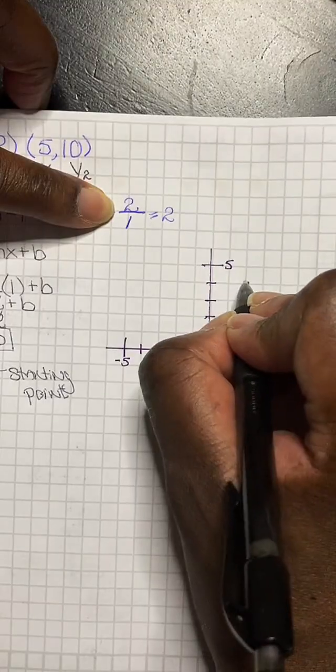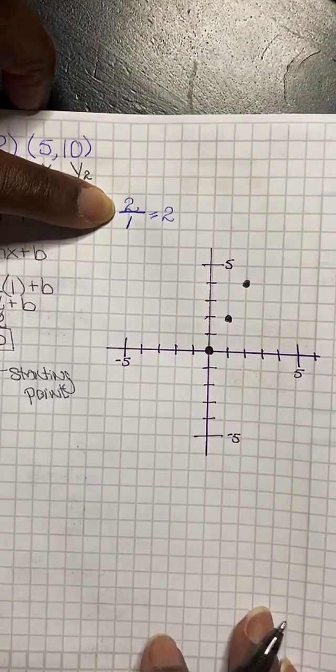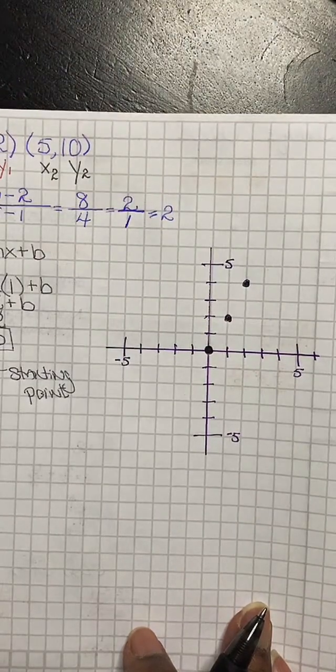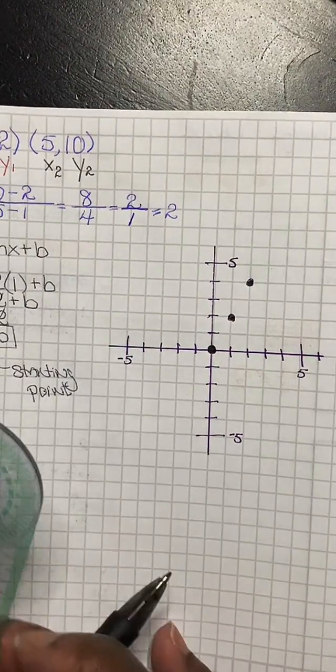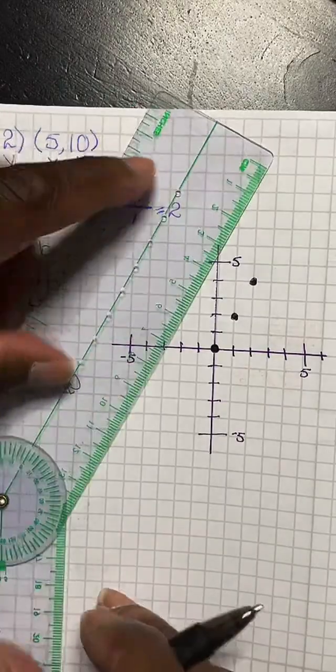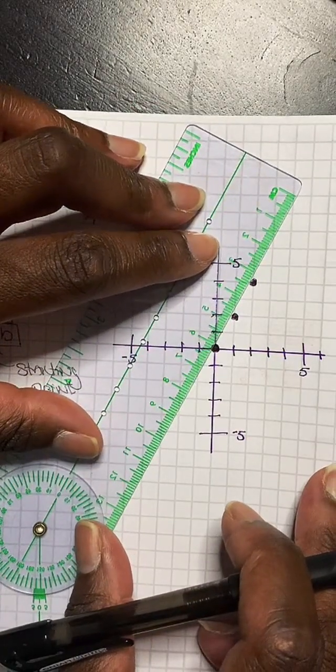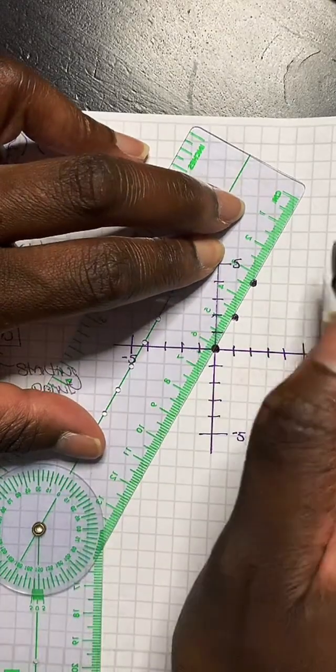All right. Now you can kind of see it. Some teachers like for you to do 4, sometimes 5 points for you to draw your line. Knock yourselves out. Do that. Okay?